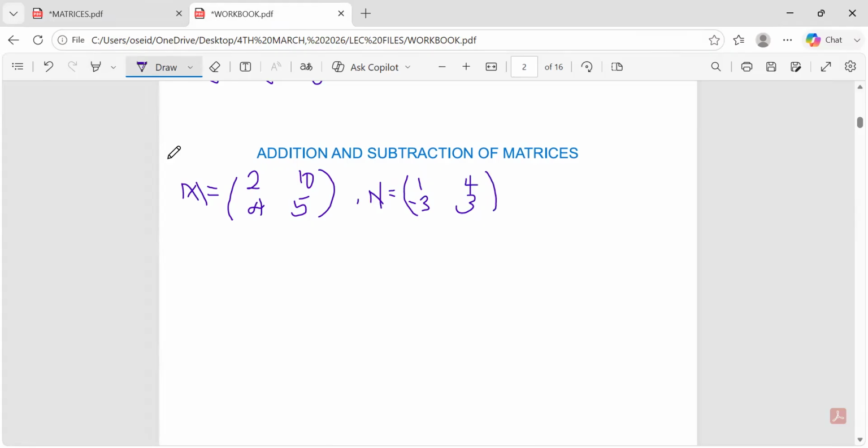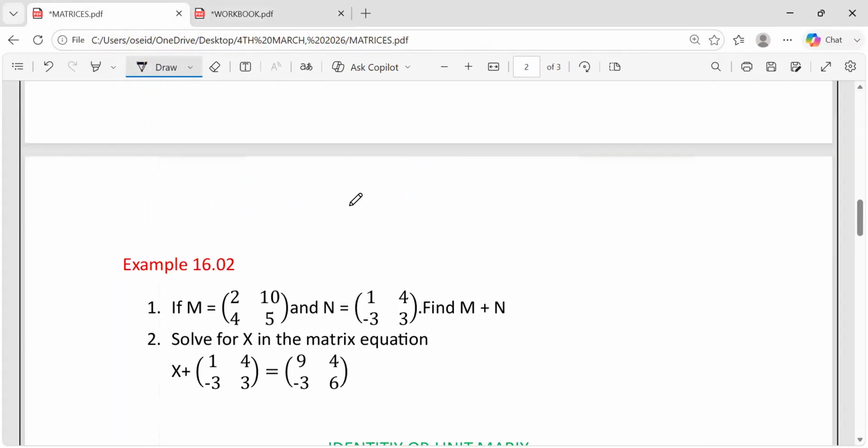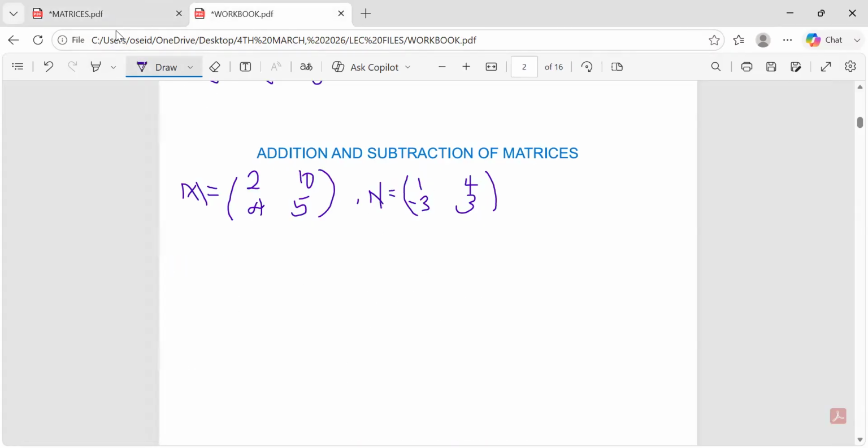Alright. Then the question says that we should find M plus N.